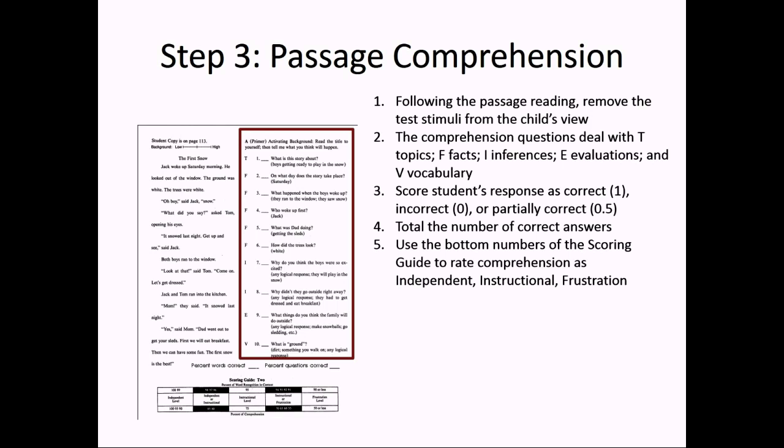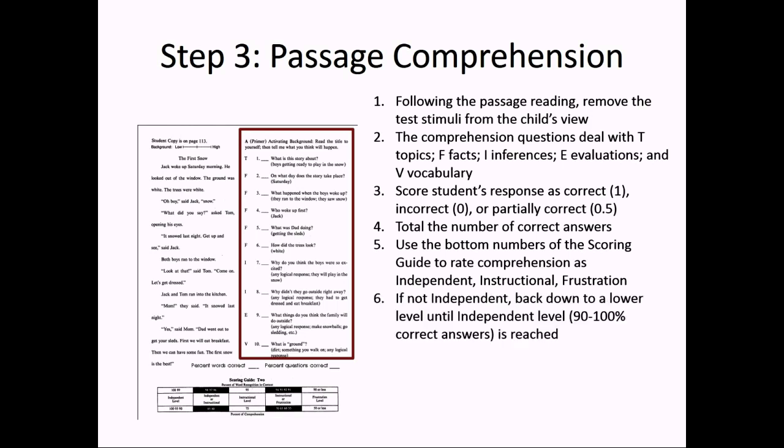So below where it says independent, instructional, or frustration, there's another row of numbers, and those are the ones that you use to rate comprehension. If it's not independent, back down to a lower level until the independent level is reached. So you do want to find an independent decoding level and an independent comprehension level.